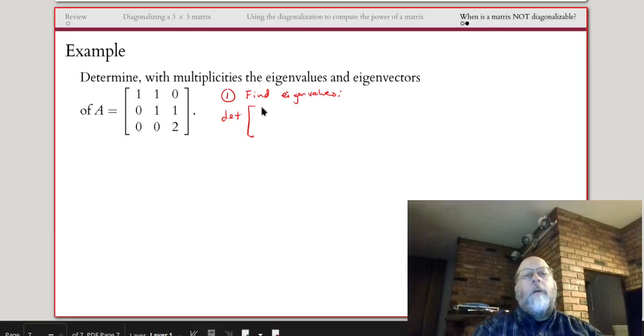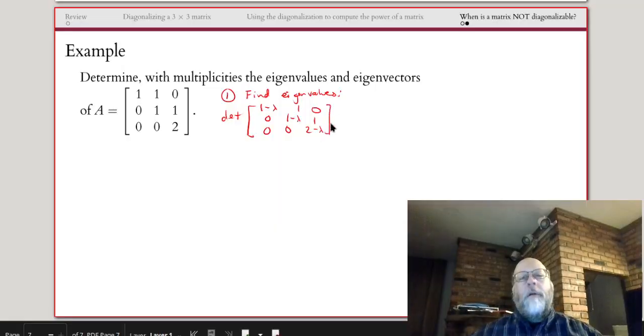So this is 1 minus lambda, 1 minus lambda, 2 minus lambda. Set that equal to 0. This matrix is already in echelon form. So 1 minus lambda times 1 minus lambda times 2 minus lambda is equal to 0.